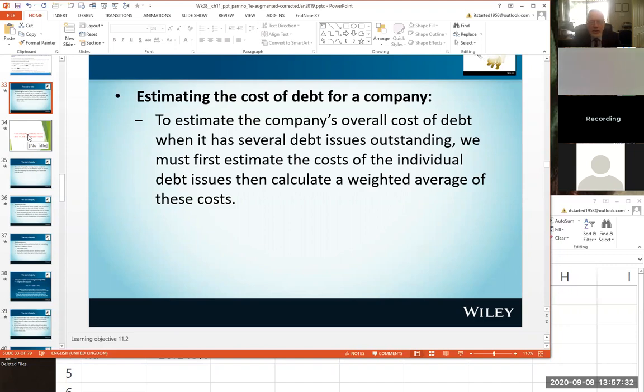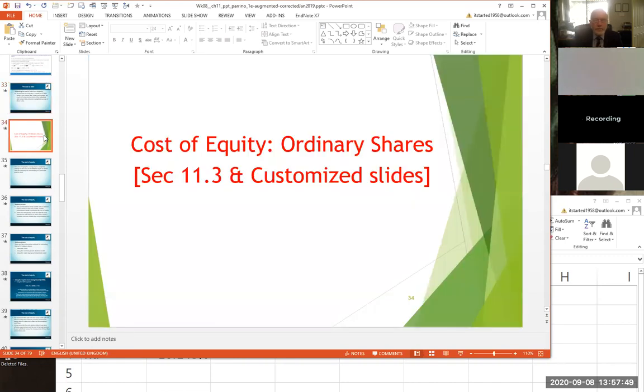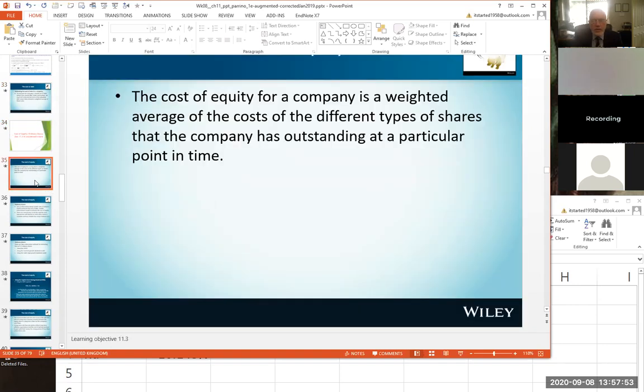You simply adjust it down to annual rates, and then you adjust it for tax. And if you have that for each one of your sources of debt, then you're able to do a weighted average to get an overall weighted average cost of debt. Okay. Now you come on to doing the same thing for equity.